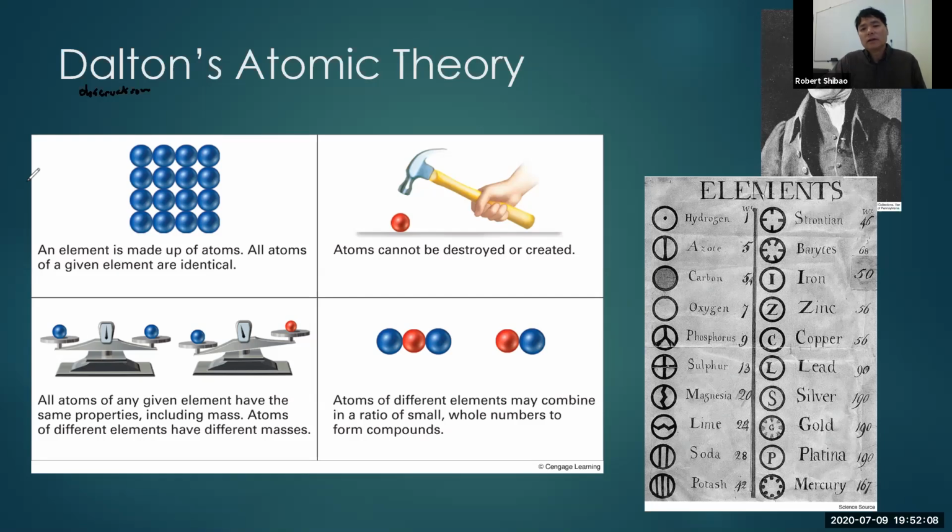Gold is not infinitely divisible. Prove that. Did somebody actually prove that and observe that in Dalton's time? Did somebody take a piece of gold and try to divide it into smaller and smaller pieces? What they found out is they could divide it into smaller and smaller pieces until they couldn't even see it.